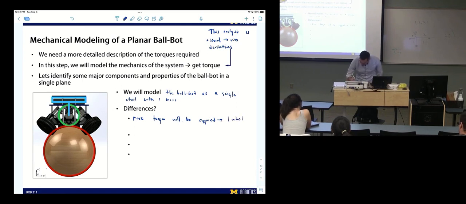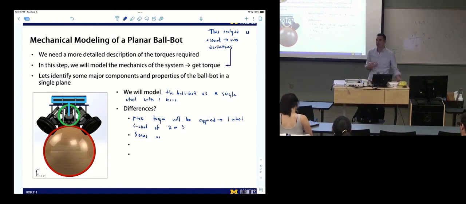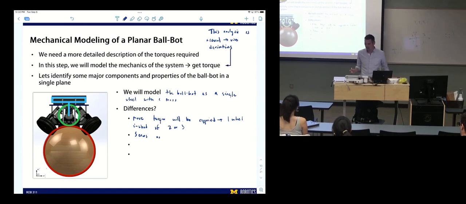Because there's 1 wheel instead of 2 or 3, depending on how you think of it. So I would say this serves as a conservative estimate. If we base our designs on this analysis, we'll be safe.